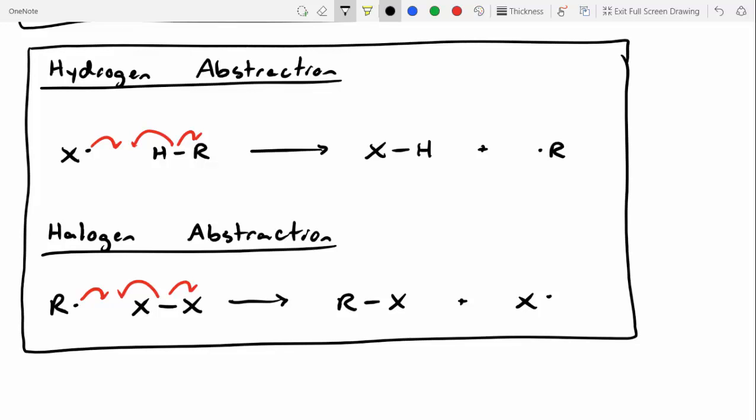One thing I will say with halogen abstraction is you only see it with bromine and chlorine. Really, you only ever see any radical chemistry with bromine and chlorine.